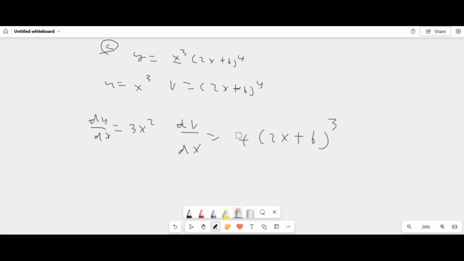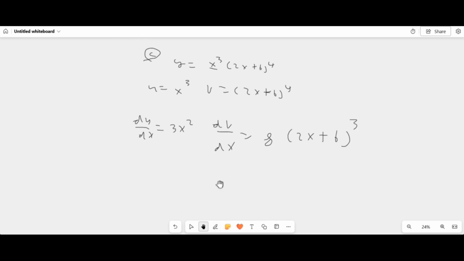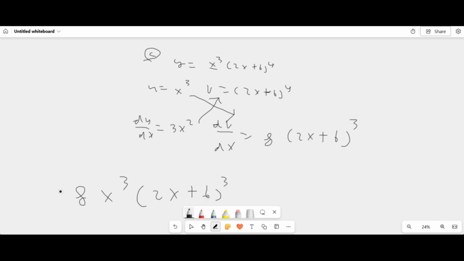And so times 2 outside, you're going to get 8. Alright, safe. Now, obviously, we do the standard, which is u times dv, and v times du. So times u by dv, that's going to get 8x cubed, open bracket, 2x plus 6 cubed. Obviously, this is equal to dy over dx.